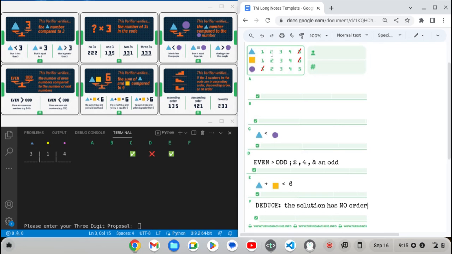Although, since I just said that, I don't think, if triangle were 4 and it's got to be less than, it would force square to be 1 and then circle to be 2. But then why would you need, let's see, what was I thinking? Why would you need, oh yeah, why would you need criteria card B?